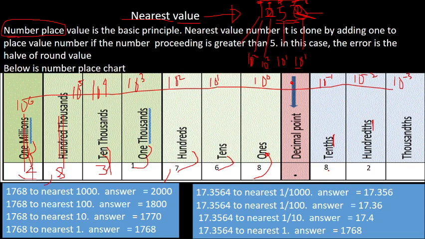You must know the place value of every digit in a number before you can understand nearest value. And now, you can say that each of these numbers multiply their base. 4 multiplied by 1 million, that is 4 million. 8 multiplied by 100,000, that is 800,000.